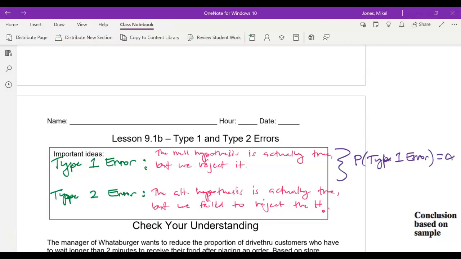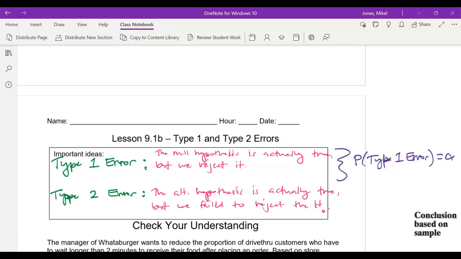Your type 2 error is the error where the alternative hypothesis is actually true, but we failed to reject the null hypothesis. The calculation of the type 2 error is more complex, and technically isn't a part of the curriculum for AP statistics. It used to be. I used to teach it, and I don't anymore because it's not on there.